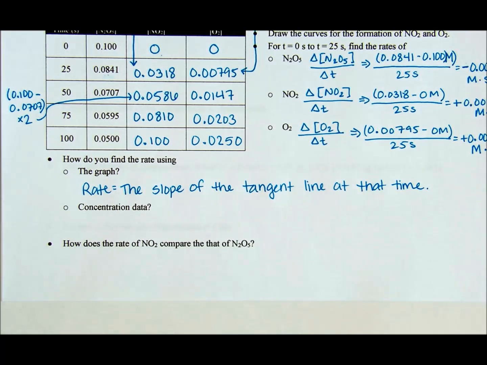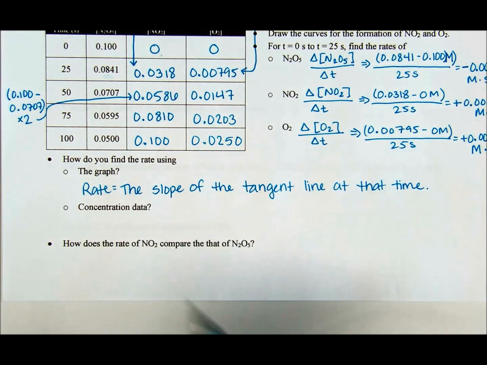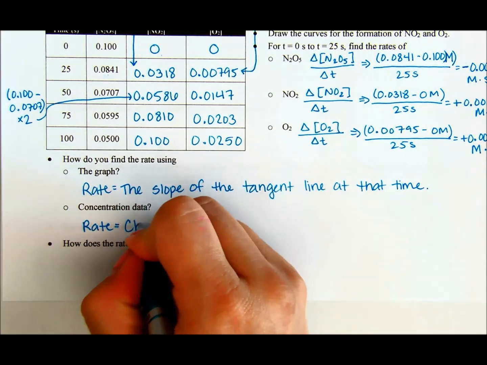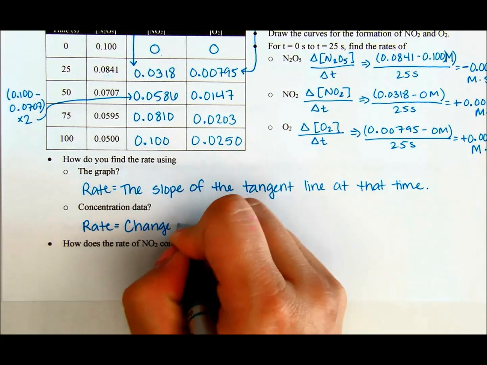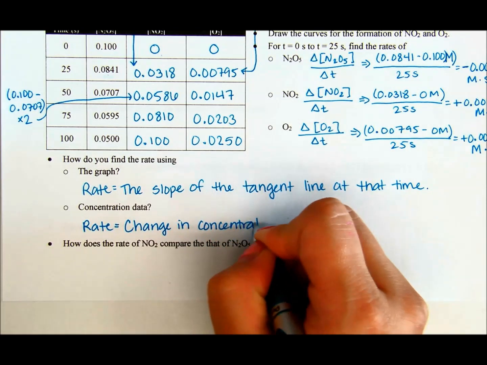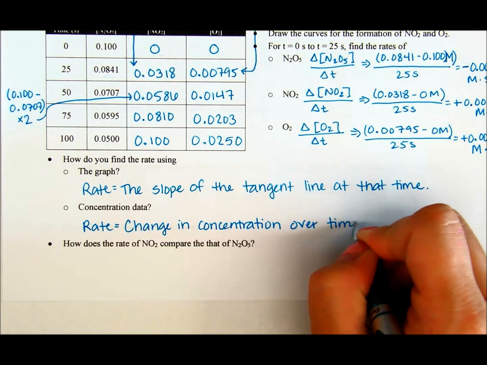The concentration data we can also use to find the rate, and that's what we just did up here. We just used the change in the concentration over the change in time. So the rate equals change in concentration over time.